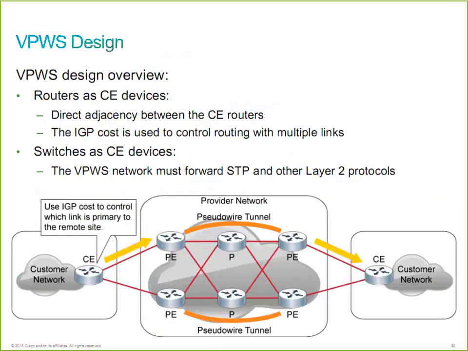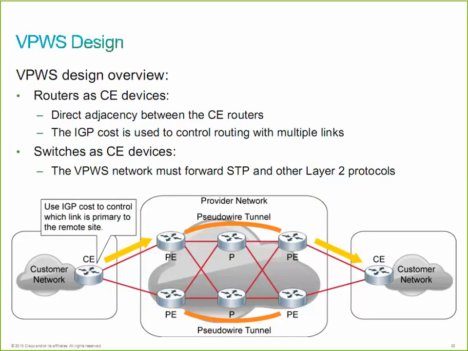Now, from a customer's point of view, the wired service offers a solution where devices see devices at remote sites as directly connected devices. We talked about that when we introduced this concept initially. The CE devices can be routers, they can be switches. It doesn't matter what they are because this is all layer 2 concepts. All right.